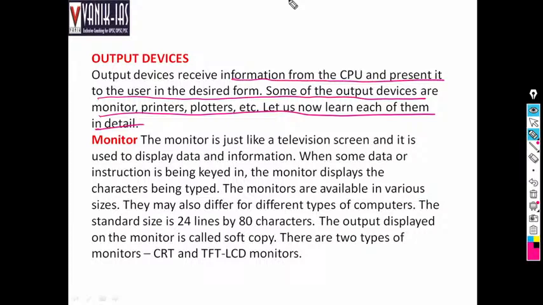So output devices produce a result. We know that there are four basic parts of a computer. One is input devices, second is your CPU, third is your memory unit, and fourth is the output devices. Input devices help in receiving information, by which we give information to the computer.